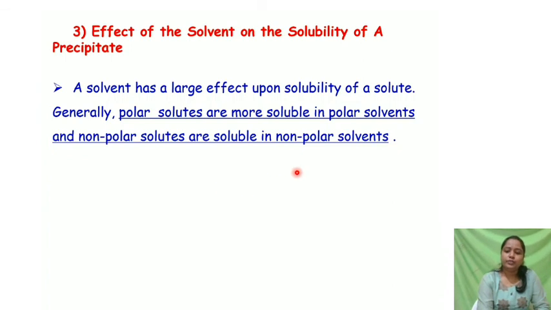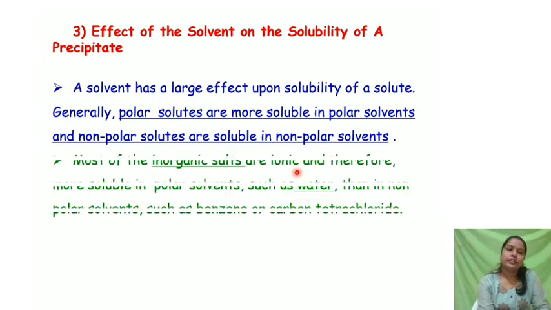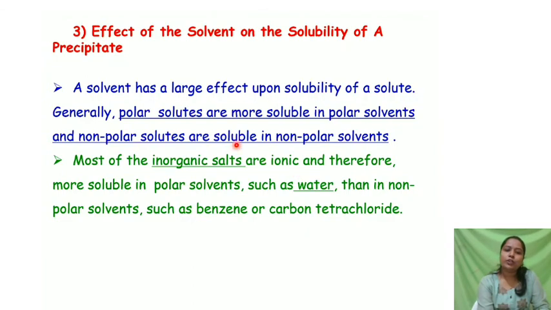So in order to get a precipitate, we have to reduce the solubility of salt in a solution. Therefore, we have to use such solvents which are suitable to reduce the solubility of salt in the solution. Here, most of the inorganic salts are ionic in nature, therefore are more soluble in polar solvents.